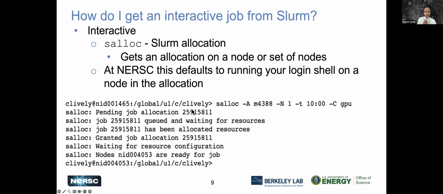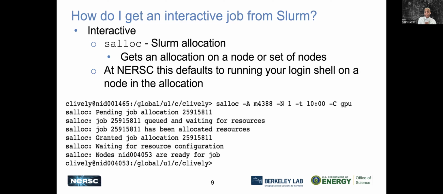Okay. And so how do you get started with an interactive job from Slurm? With interactive jobs, it's easy for you to get started. You can use a Slurm allocation command, salloc, and basically this is going to provide you with the allocation right there on Perlmutter.